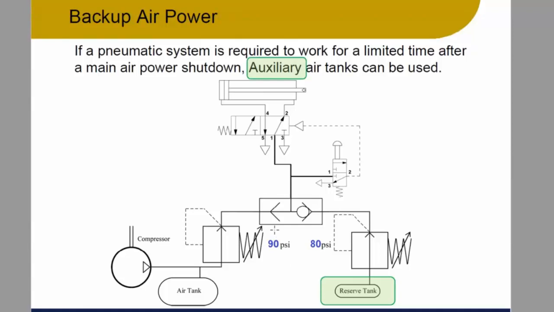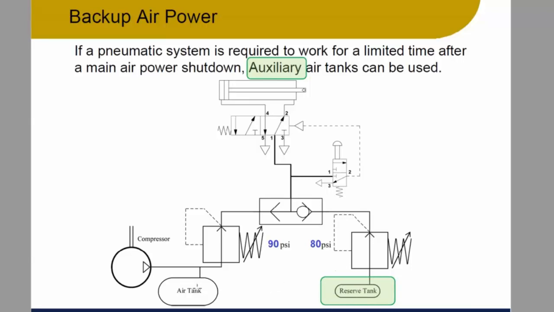Because the air on this side is greater than 80 psi, it pushes the ball this way and the air doesn't come out of this reserve tank or auxiliary tank. So what we have is an auxiliary or reserve backup, and this is a smaller tank.